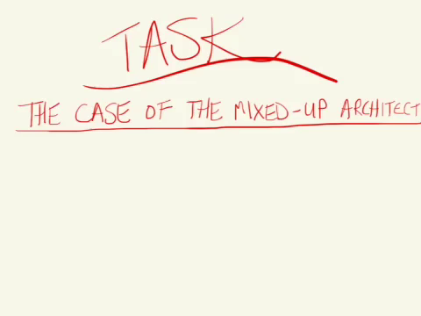Your task tonight is the case of the mixed-up architect. You see, an architect got mixed up. At first, he was measuring in centimeters, but then he started measuring in meters, but he forgot to change his blueprints. So they ended up looking like this.